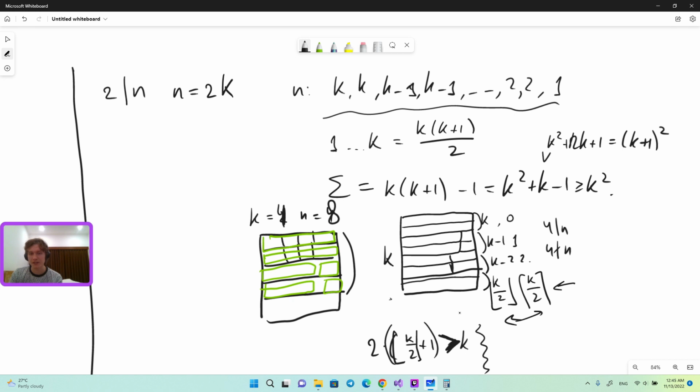I could also add 2 times k halved, but this will give me 5 times 4, and I only need 4 times 4. So I can compose a square, obviously. And the case when k is odd is k equals 3, n equals 6. You can always see that it works.